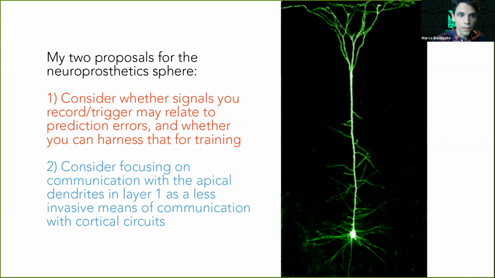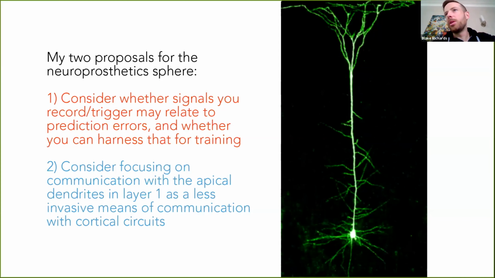In your presentation you focused on apical dendrites as a less invasive means of communication, but you're doing that in a very specific way, which is not very human friendly at the moment. Oh yeah, you wouldn't want to do this with 2-photon imaging in humans, obviously. What's key is that there's some evidence that you can detect apical dendrite signals from the pial surface just with electrodes on the surface.